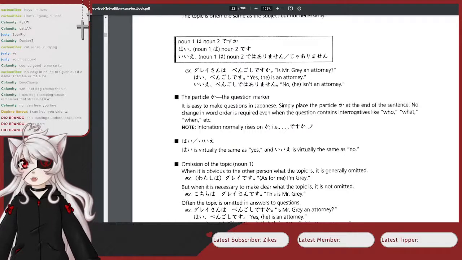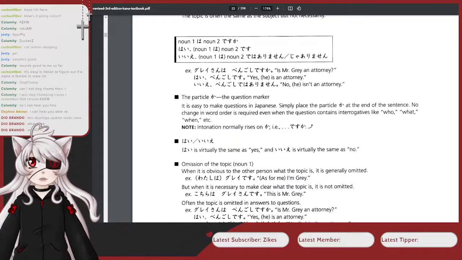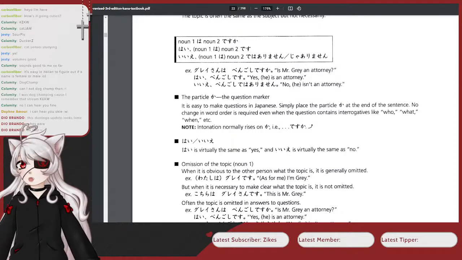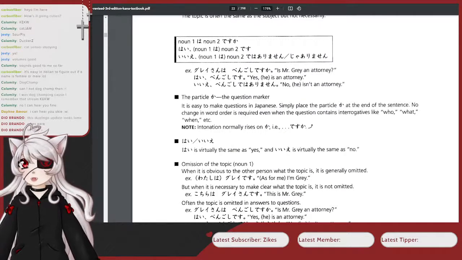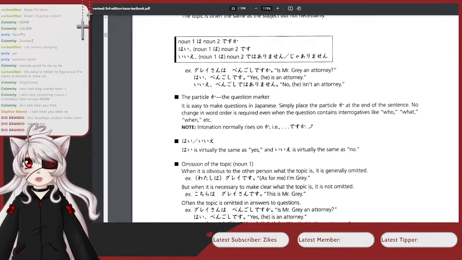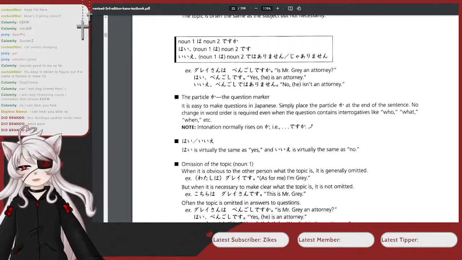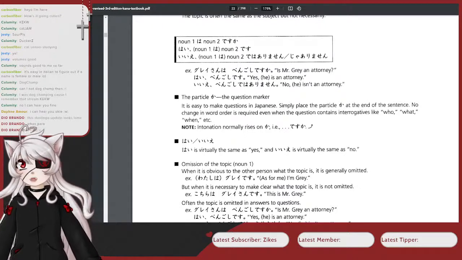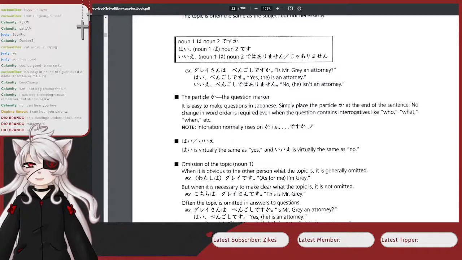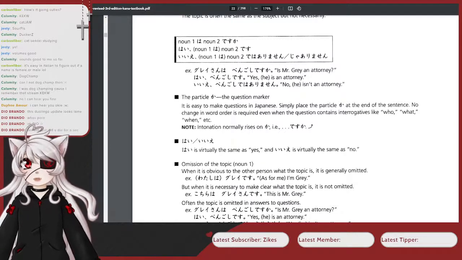Intonation rises on ka. When you add ka on the end of a sentence, it turns it into a question, but you need to make sure that your pitch rises at the end. Technically, you're supposed to do this in English as well. When you ask a question in English, you're supposed to go, oh, is it? But some people don't. And some people make every single sentence go up at the end, which is not how it works.